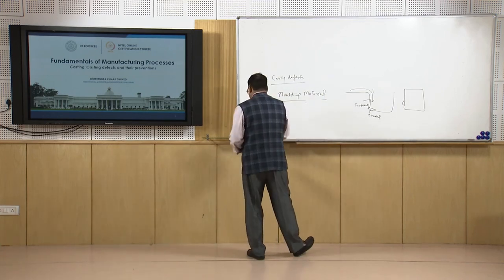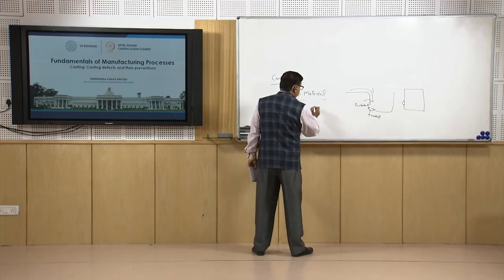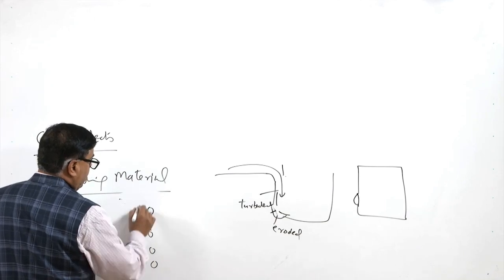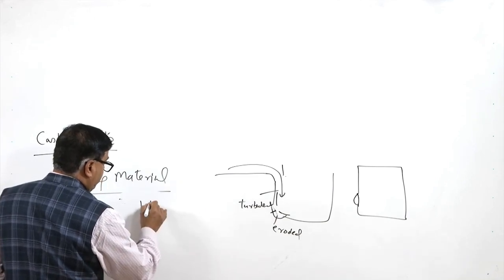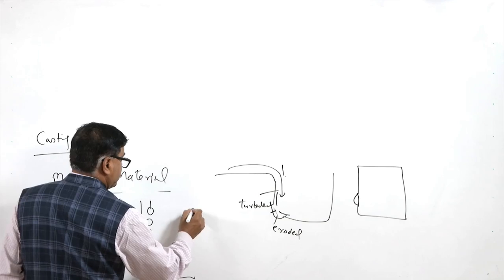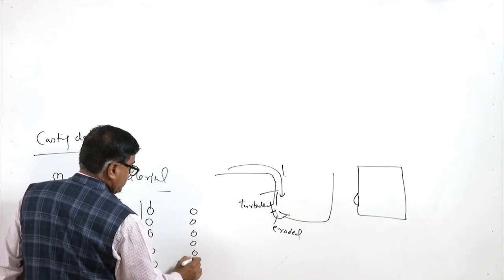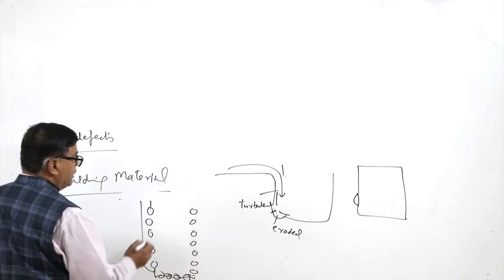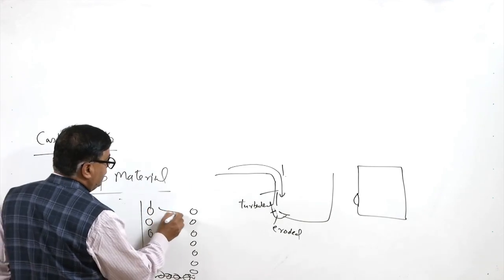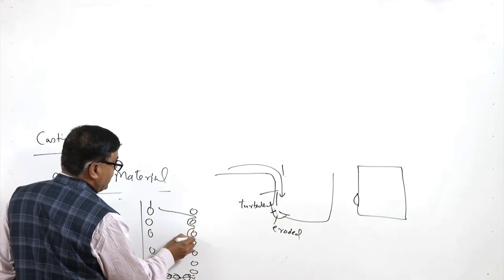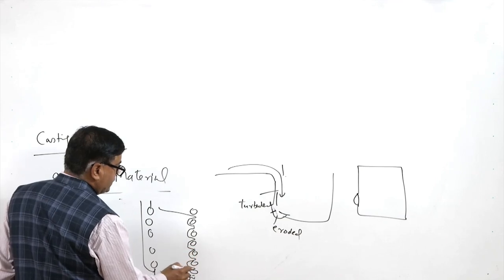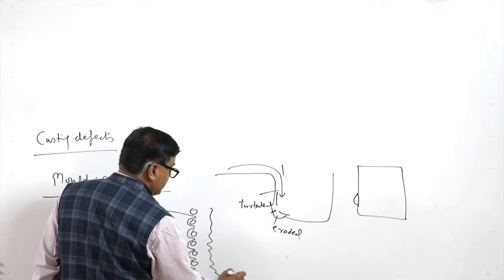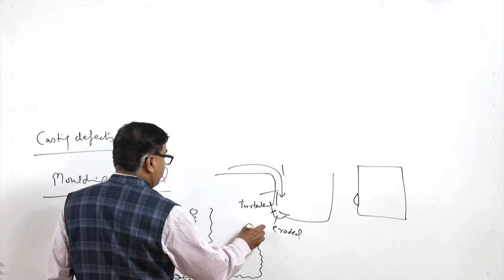Another defect is the penetration. Say the mold is made of coarse sand particles like this, and this is the mold wall. When the molten metal is poured, it will fill in the fine spaces like this, so we get the casting with all these impurities, all these irregularities.